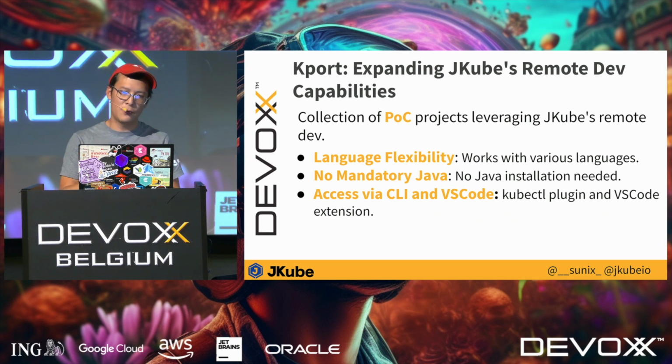But the feature itself of remote dev could be used in non-Java projects. So I started some POC projects to give it a try with other tools like a kubectl plugin or a VS Code extension. So I've done that, and I can show you right away.